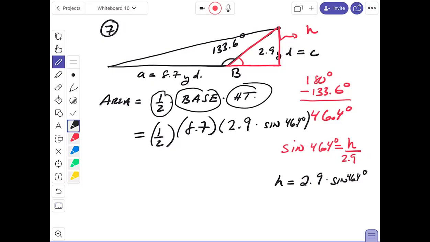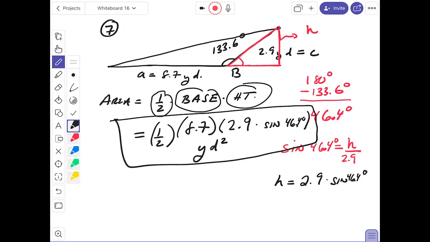Now someone says, I wonder what the unit is on that. It's going to be yards squared. Again, if this was an exam question, paper and pencil, that'd be an acceptable answer. But I need practice on my calculator, so I'm going to take 1/2 times 8.7 times 2.9 times the sine of 46.4.